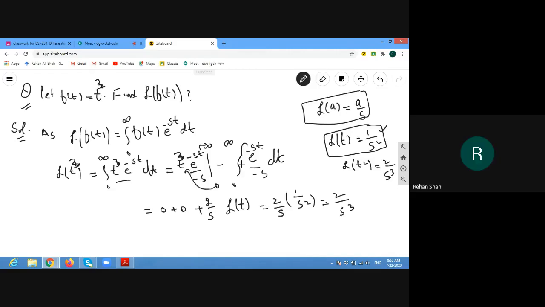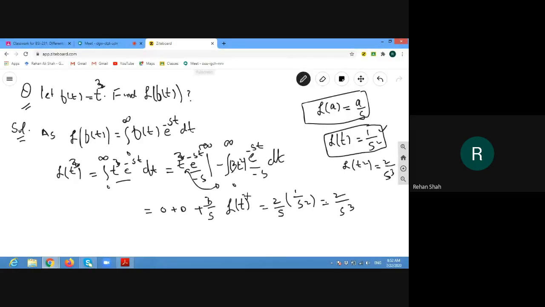Yes, this will become 3t square. So if you take common this 3 over s, minus minus will become plus. So this 2 over s will become 3 over s, and the remaining result will become what?